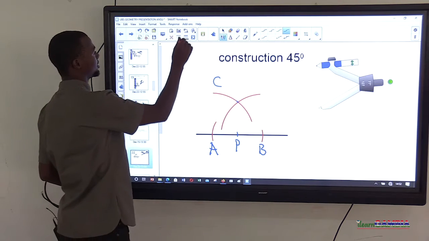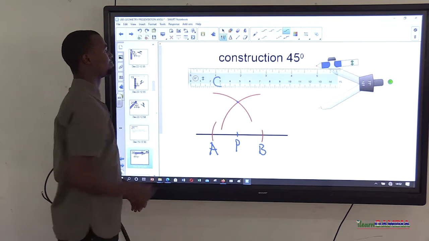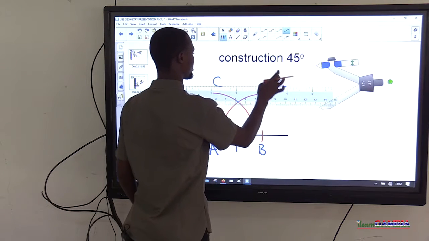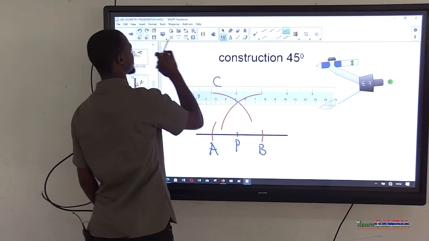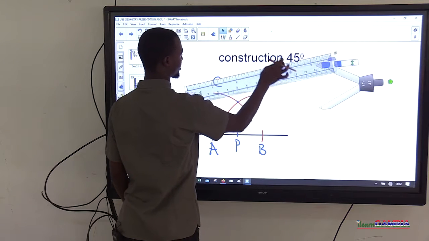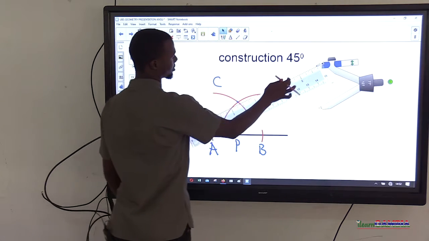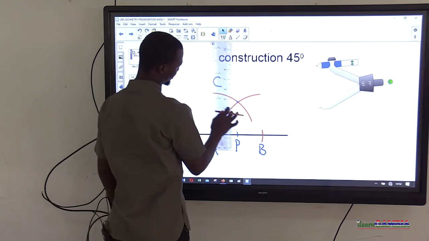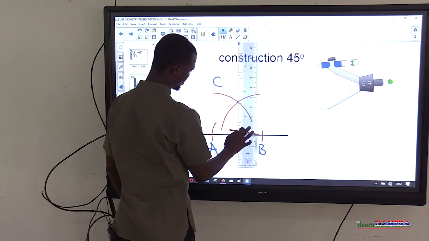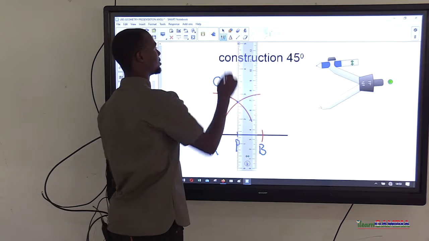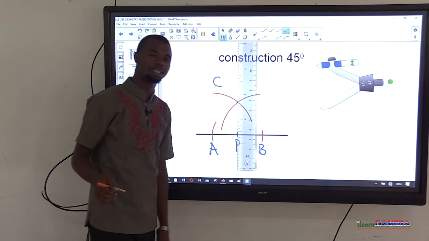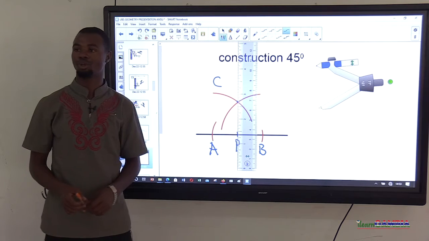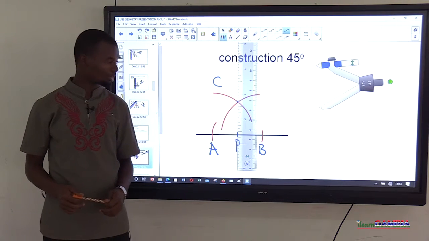So to do that, we get the ruler. 90 degrees is the angle, and we should draw this line as a broken line because we are constructing 45 degrees.